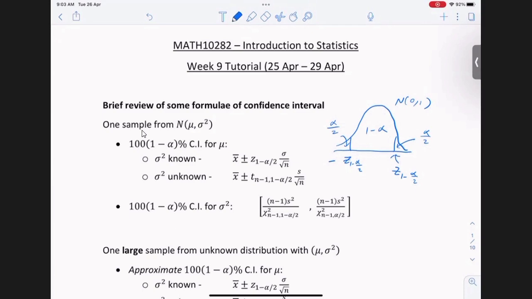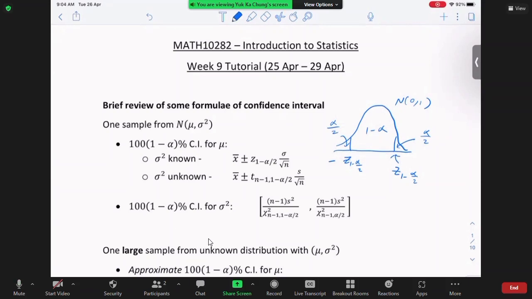You can also look it up from the student T distribution table or by using R. But for the T distribution, besides the coverage alpha, it also depends on the sample size. We have a so-called degree of freedom here, which is equal to the sample size minus 1. For the details of the derivation of this formula, you can refer to the notes.